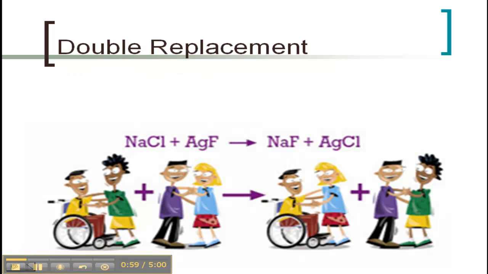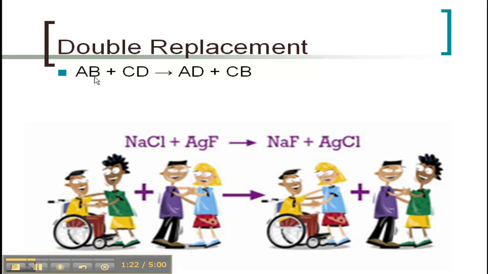In a double replacement reaction, what you have is they basically switch. So A is going to come over here with D, and C is going to go with B. So think of it as the OI part of the FOIL method from algebra. You take the outers and put them together, and you take the inners and put them together. And be careful because you have to have your positive ion first and your negative ion second.